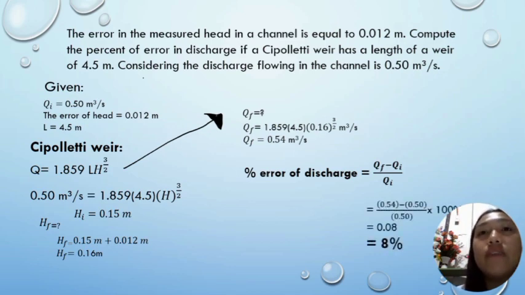So substitute the values. We have 0.54 minus 0.50 all over 0.50 times 100%, which is equal to 0.08 or 8%. So 8% is our final answer.